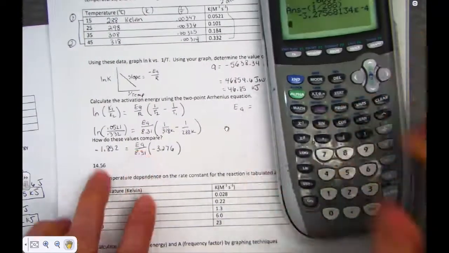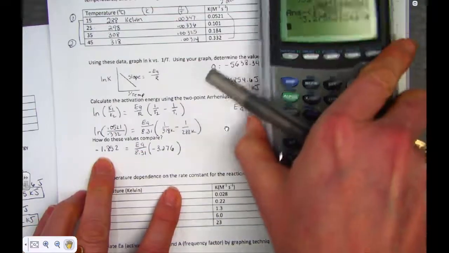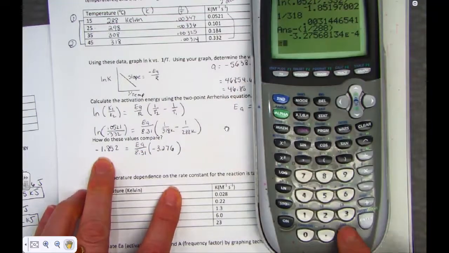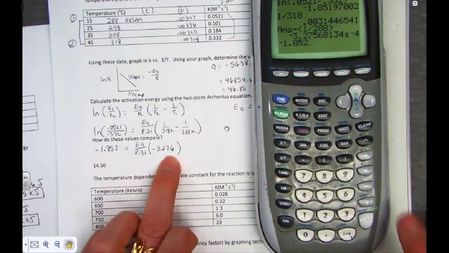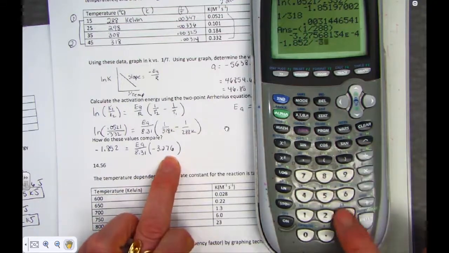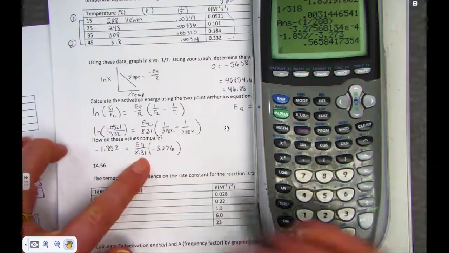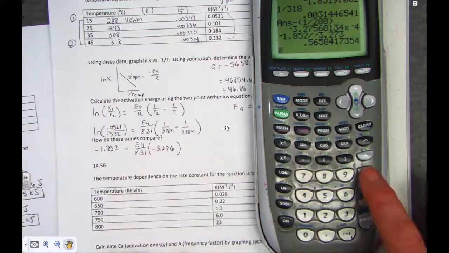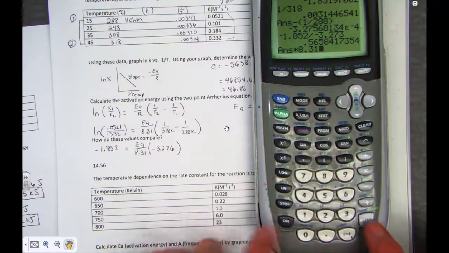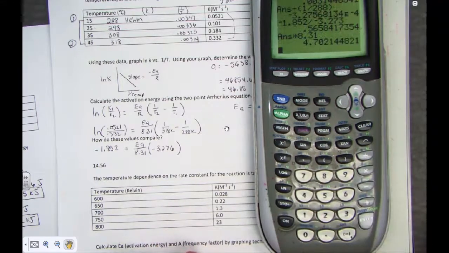So the algebra continues. I'll type in next on my calculator sequence negative 1.852 divided by negative 3.276. And that's my value for what EA over R is. To get rid of 8.31, multiply both sides by 8.31, and we get a number.